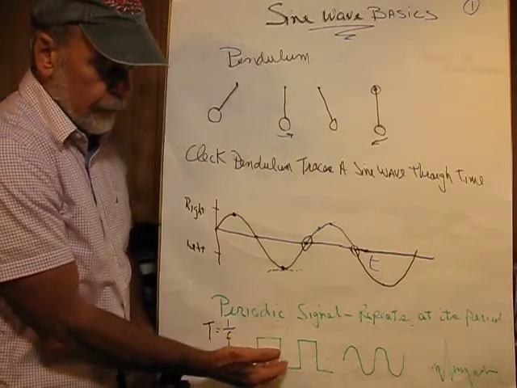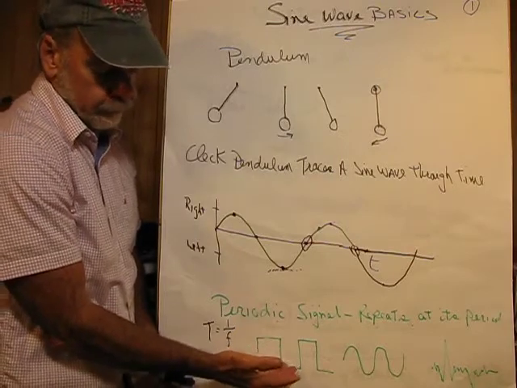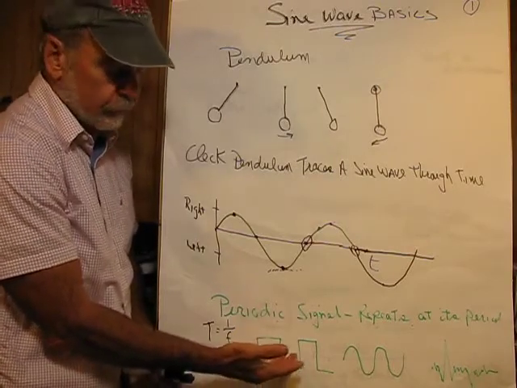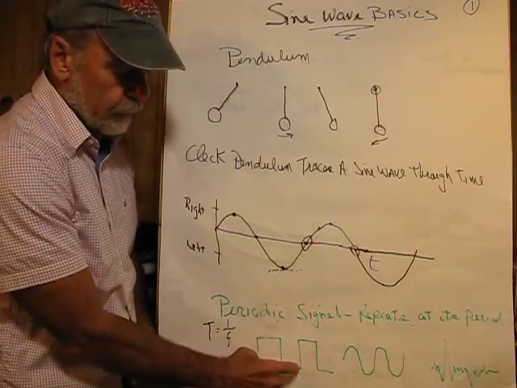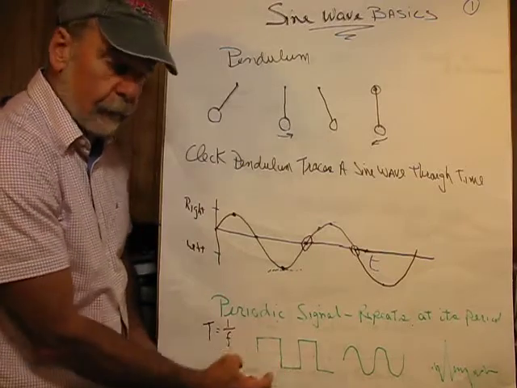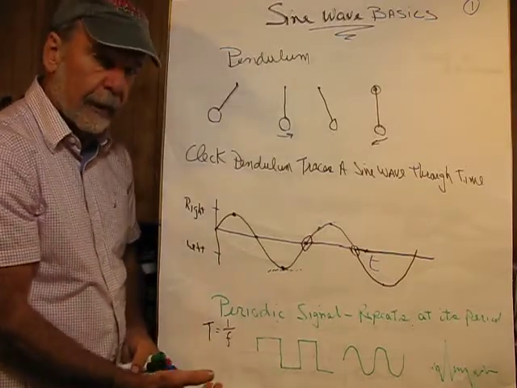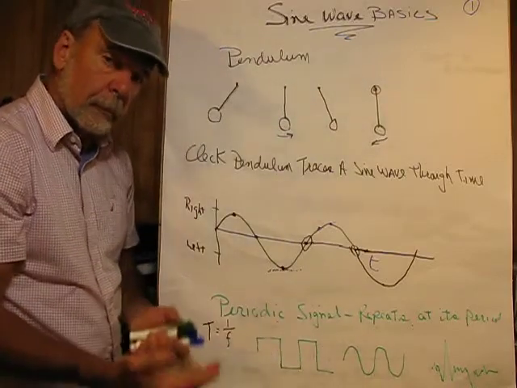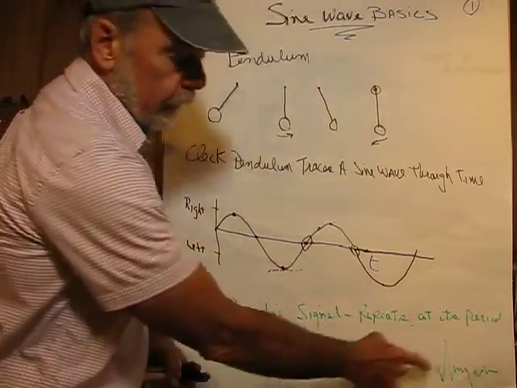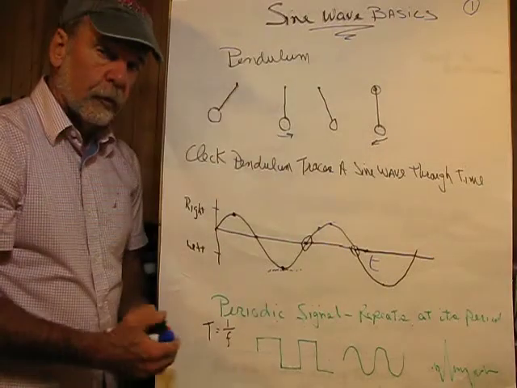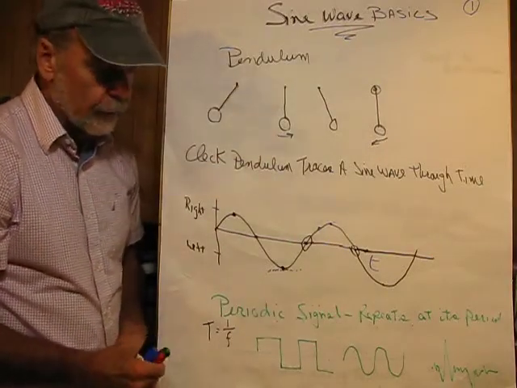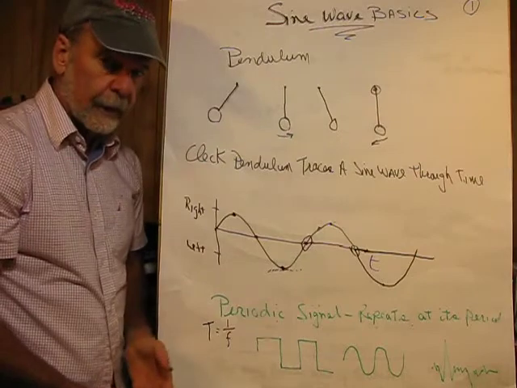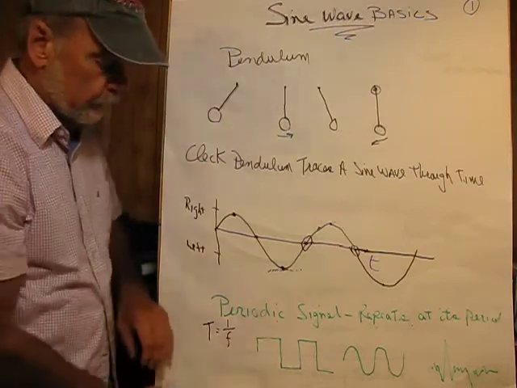So this is a rectangular waveform. It's kind of like a square wave, 50% duty cycle, that repeats itself every period. So it would be a periodic signal. This is a sine wave that repeats itself, a periodic signal. And finally, a noise signal, like if we're tuning between stations on an FM radio, is non-periodic or aperiodic.